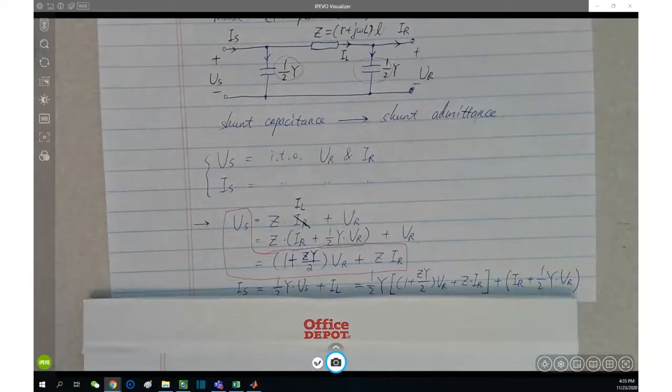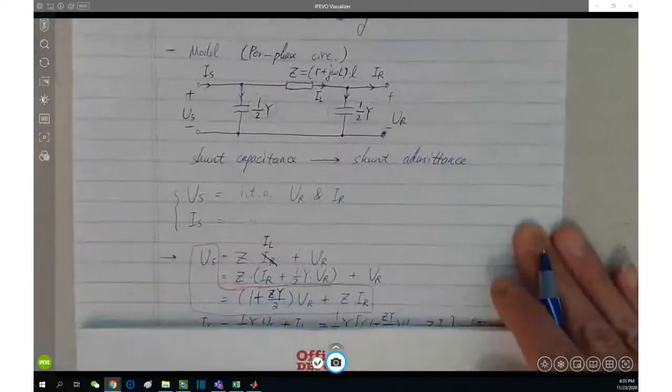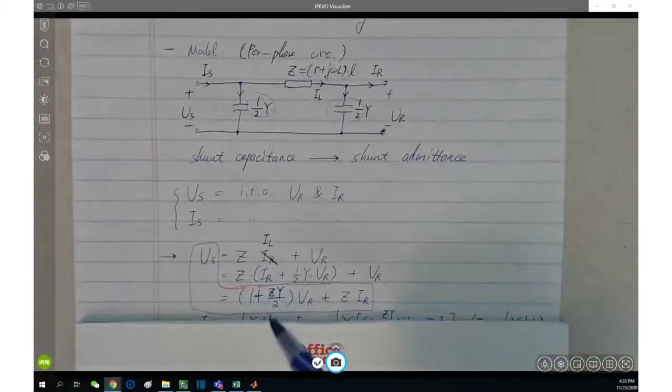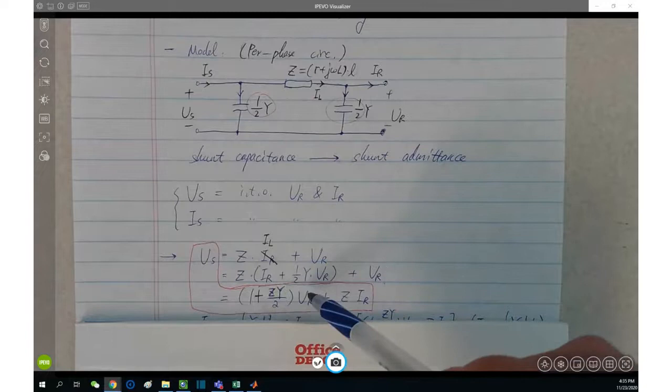Well, Kevin is basically correct. I think he is exactly correct. Here, it's actually not that difficult. So first of all, Vs equals 1 plus ZY over 2 times Vr, right?